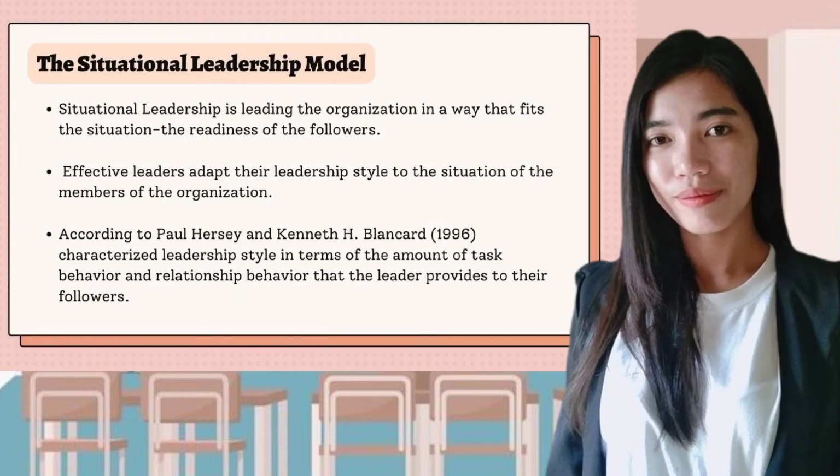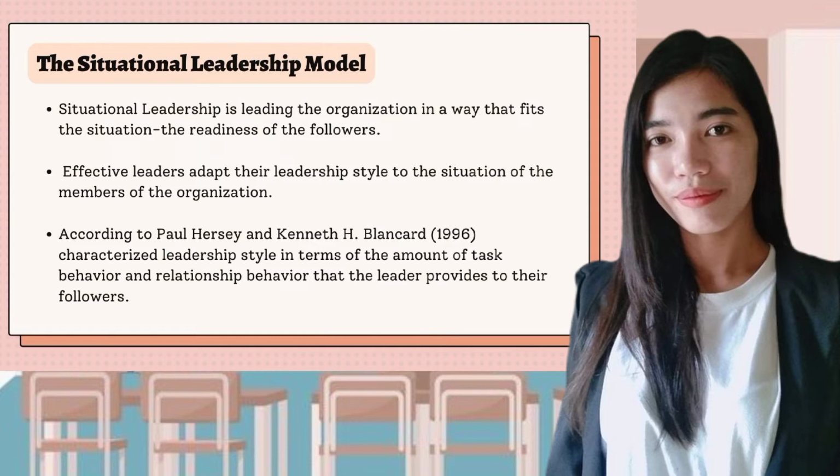The situational leadership model. Situational leadership is leading the organization in a way that fits the situation or the readiness of the followers. So, leaders choose their steps or leadership depending on the situation and how ready the followers are. They mind especially the situation before they lead in an organization.